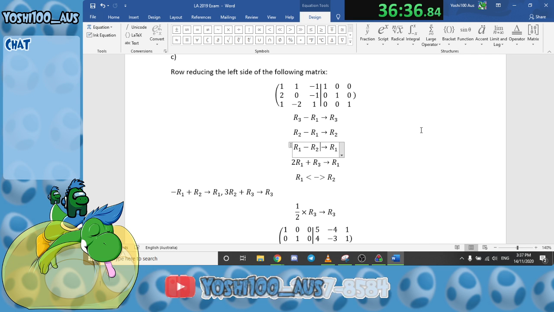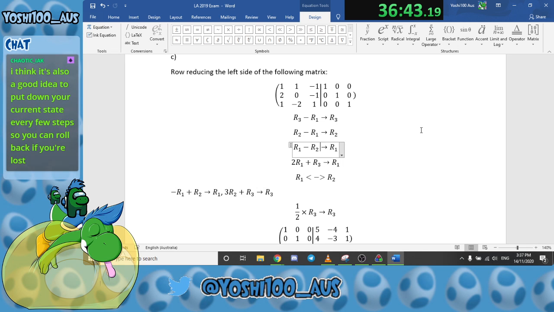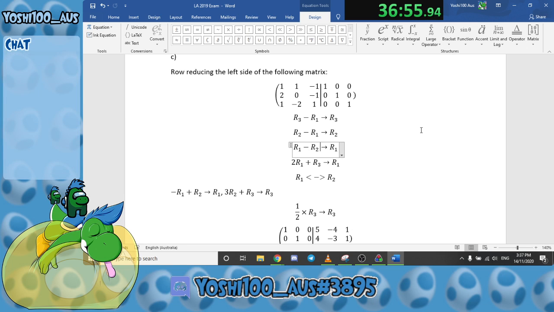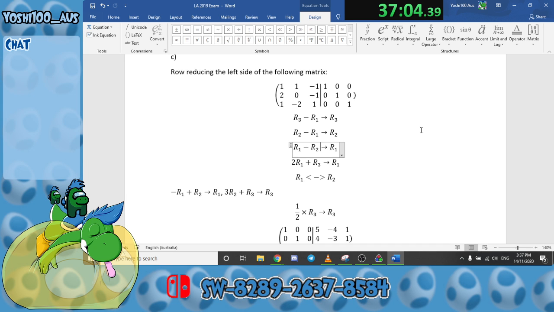Minus R1 plus R2 becomes R1 here, so we get... I'm sure the rest of the row reducing steps here are fine, so I'll just look at the right side matrix. Minus R1 plus R2 is... Maybe I should just write everything on the right side rather than rewrite everything. That seems too inconvenient, so I'll just do it again. Put down your current state every few steps so you can roll back if you're lost.